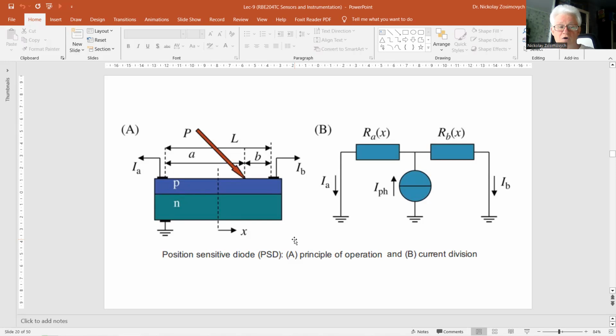The linearity of a PSD depends largely on the homogeneity of the resistance in the top layer. In the central part, about 70% of the total length of the area, the linearity is better than 1%, whereas at the edges, the linearity error rises significantly.